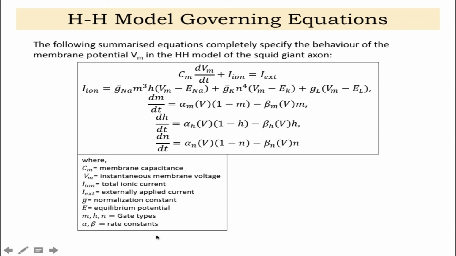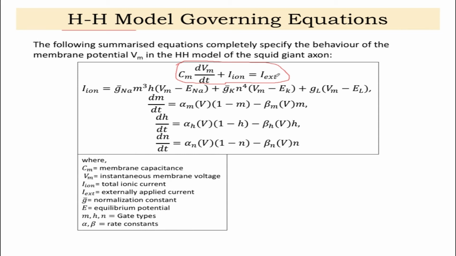Now based on all these things together, you can actually write the final governing equation corresponding to the HH model. The core of it is this first order differential equation, that is the capacitance times dVm/dt plus I ion equals the external current that is actually used for excitation of the neuron.